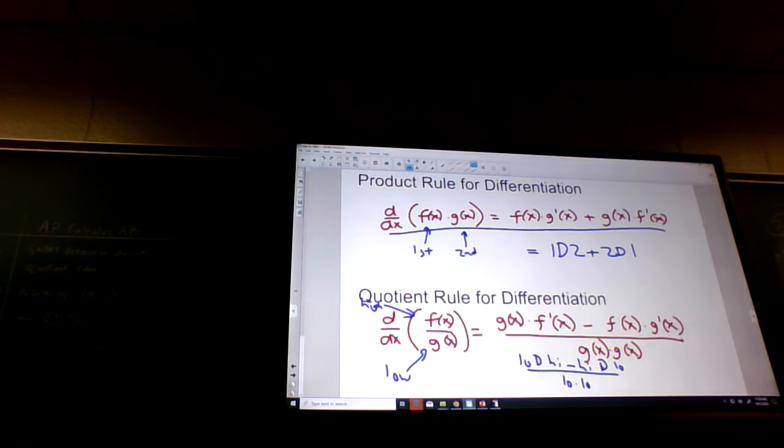Here's what it says: low D high minus high D low over low low. Can we say that together? Low D high minus high D low over low low. Let's do it a little bit faster. Ready? Low D high minus high D low over low low.